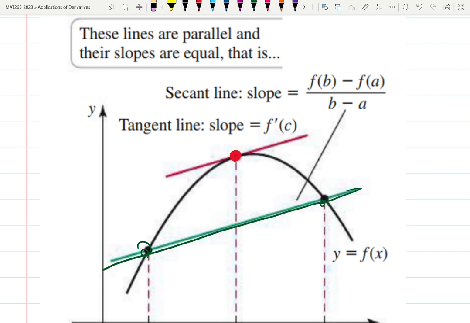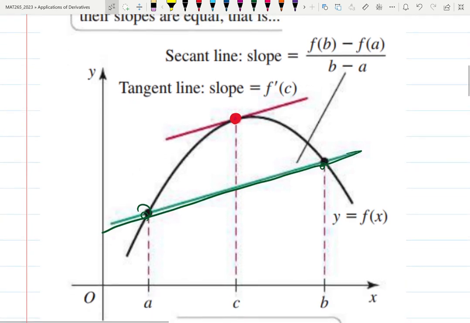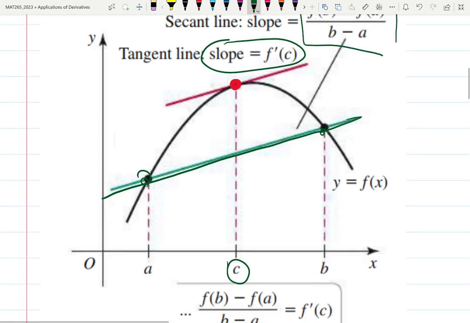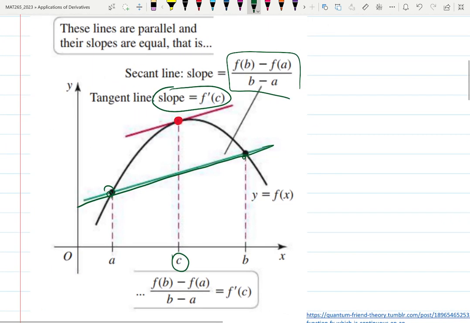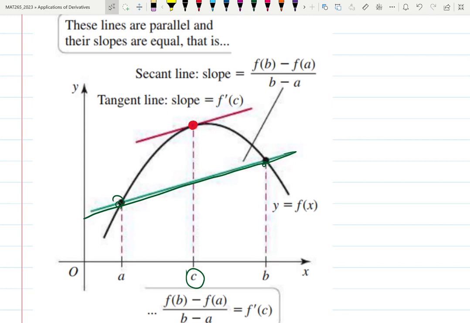Well, interestingly, the slope of that tangent line at the location c we already agreed we can find will be parallel to the secant line, which gives you the average. A bit confusing, but I have a cool animation to show you. So the lines are parallel and their slopes are equal.